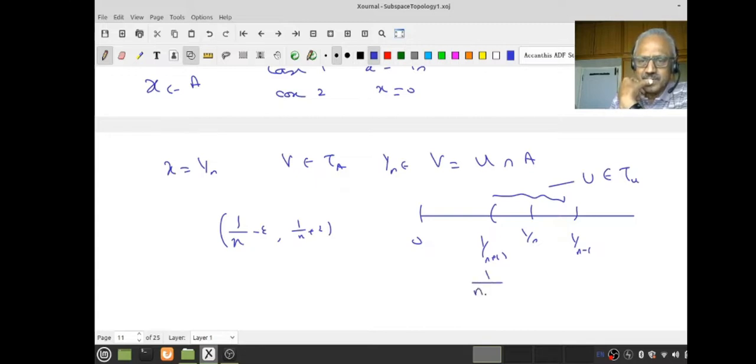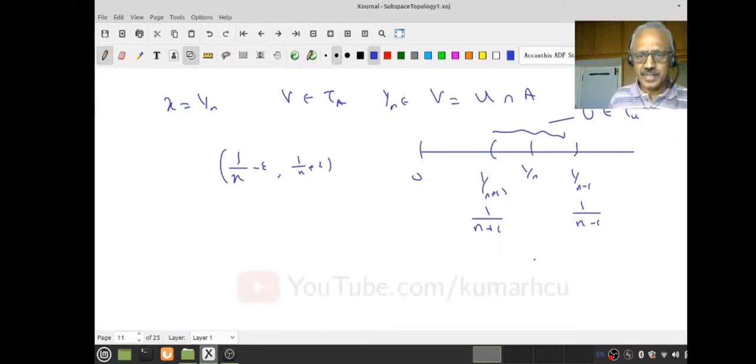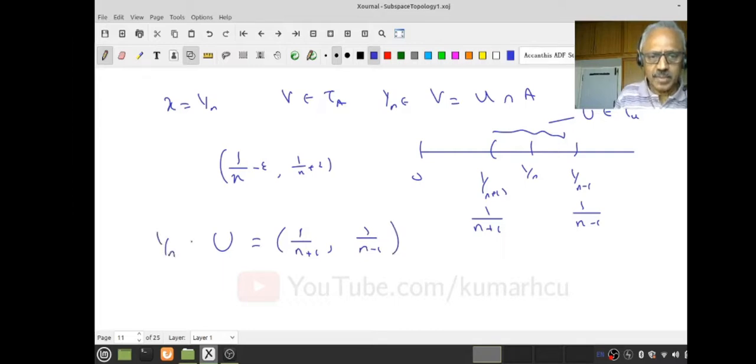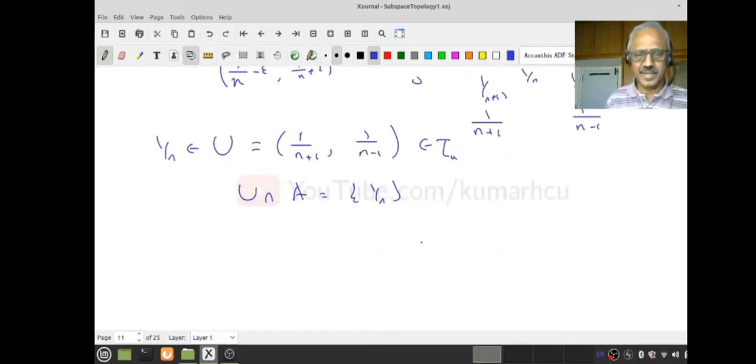This is 1/(n+1). This is 1/(n-1). Therefore 1/n is squeezed in between. Therefore this U, which is the interval from 1/(n+1) to 1/(n-1), is an open set in tau. Therefore U intersection my A is the singleton {1/n}.